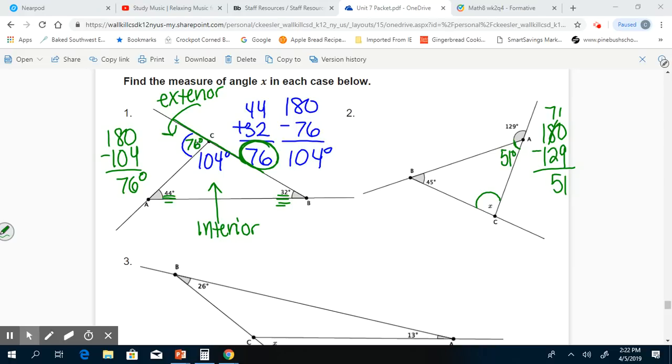Then I have two of the interior angles of the triangle and have to find the third. So 45 plus 51 gives me 96. And 180 minus 96 is 84 degrees.